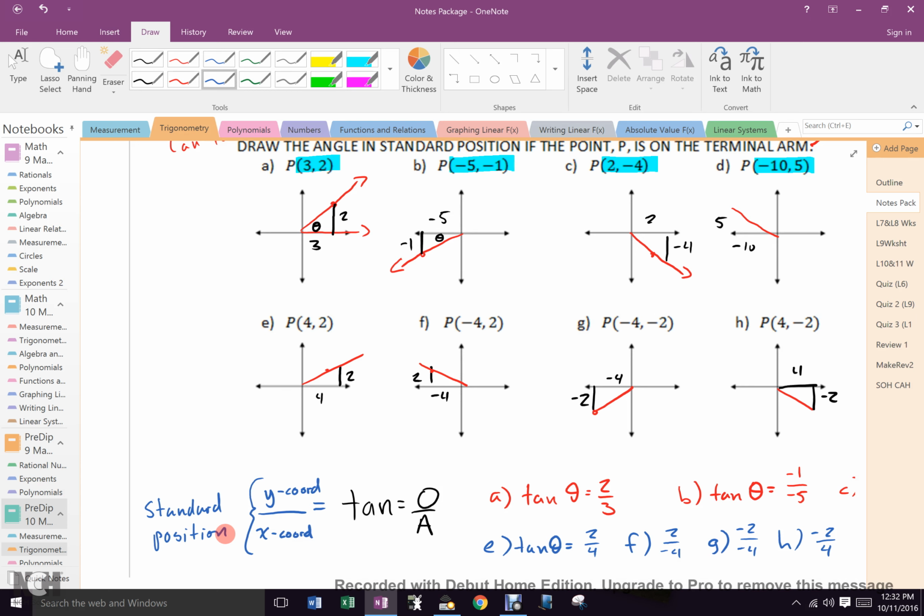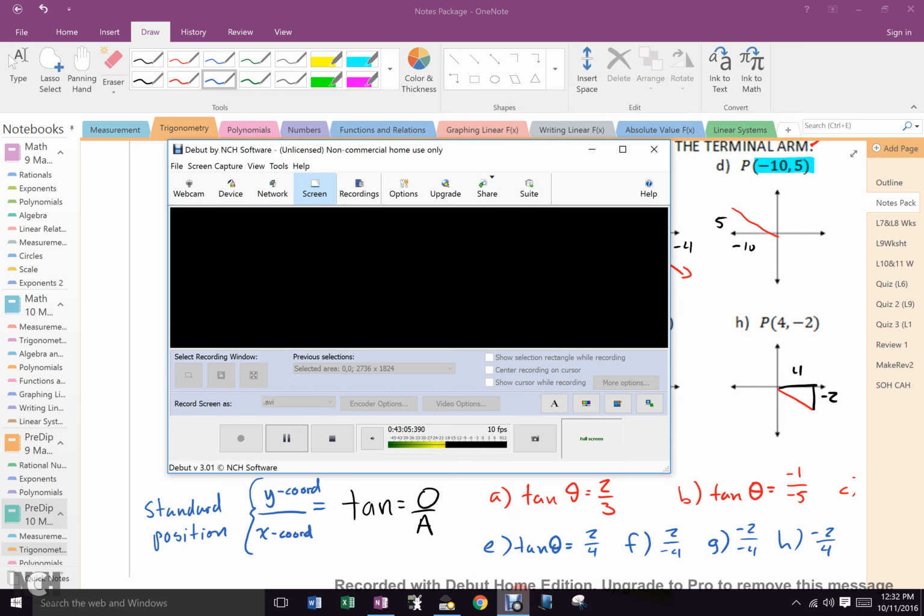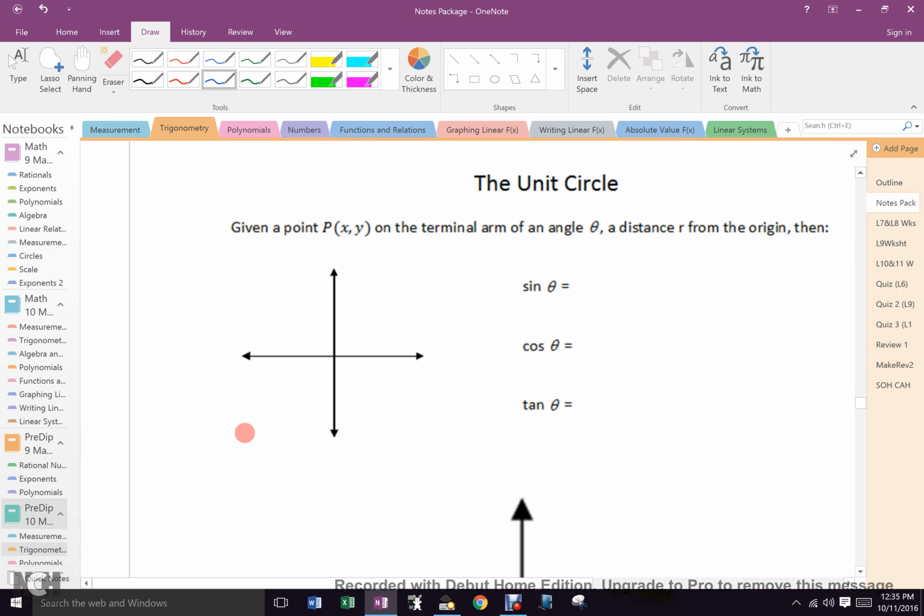Great. Okay. Take a moment. Please label the little Cartesian plane with its quadrant numbers first.